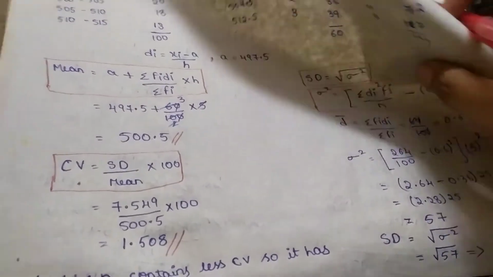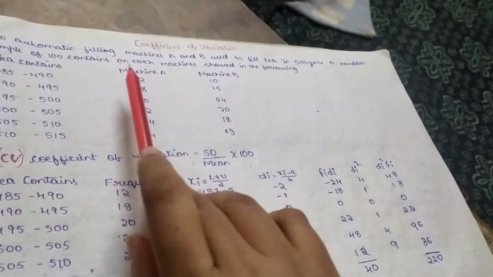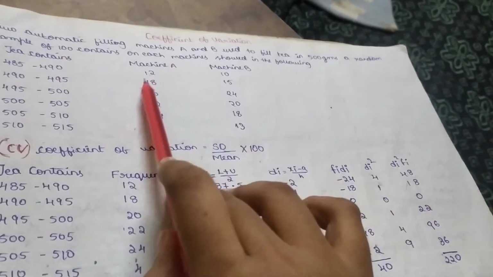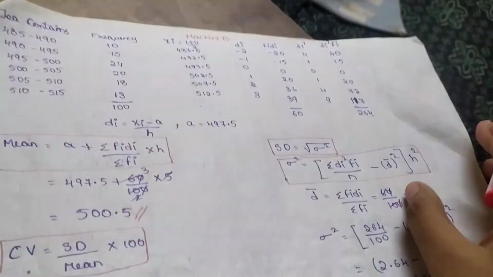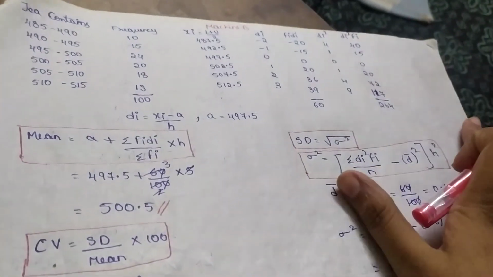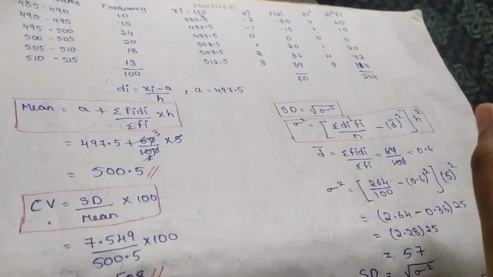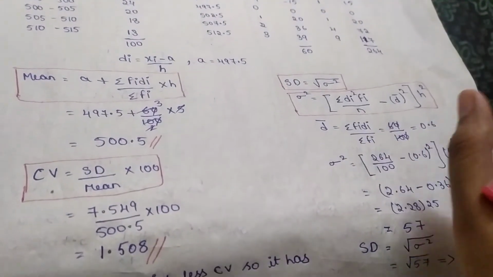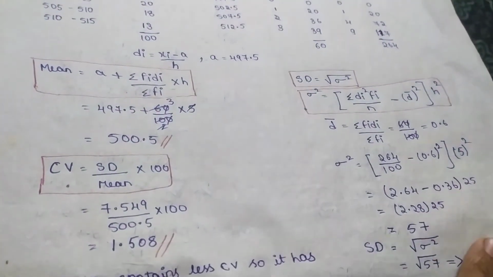In this coefficient of variation, they give machine A and machine B. Why? Because they want to know which machine has high consistency. For knowing that, we do all these formulas.